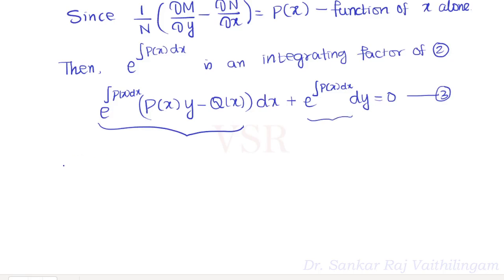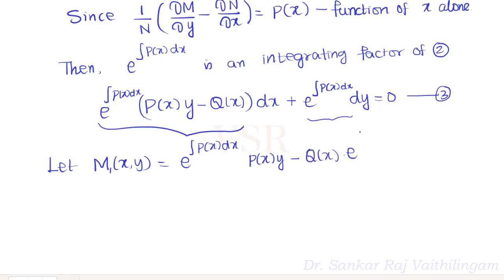I call this M of x, y. Here also I am using M, but let me use M1, which is equal to e to the power integral of p of x dx into p of x y minus q of x into e to the power integral of p of x dx.